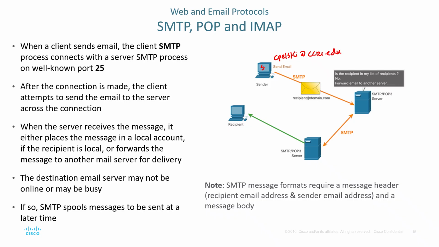Okay, you have to have a complete valid email. So that's going to get sent. I'm sorry, I didn't even see this one. So that's going to get sent via SMTP utilizing port 25.